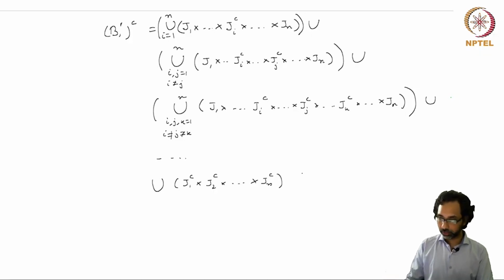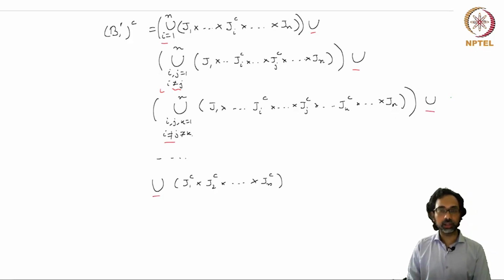So this is a big formula, but at each step you are taking a union. So here this is a union, this is a union, this is a union, and so on. All these are unions.